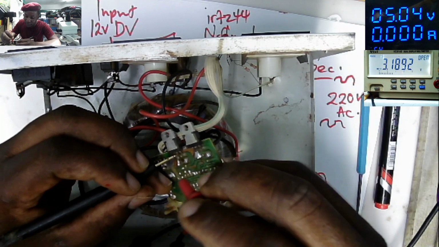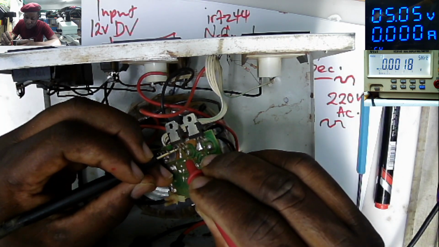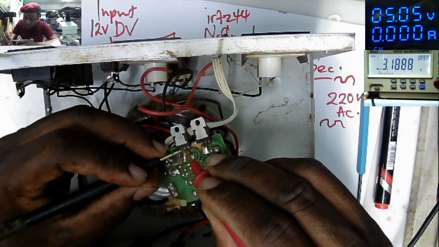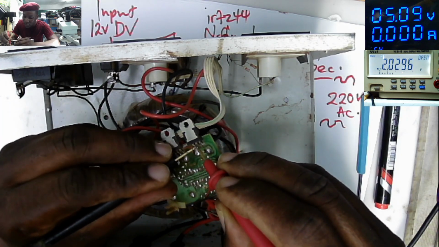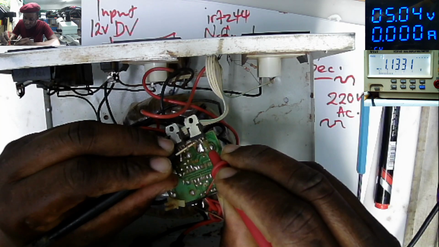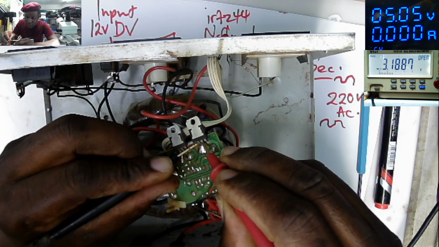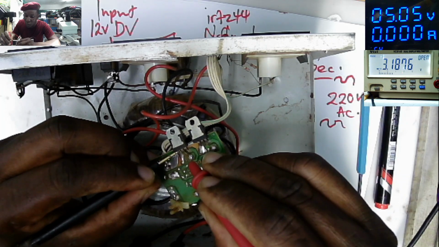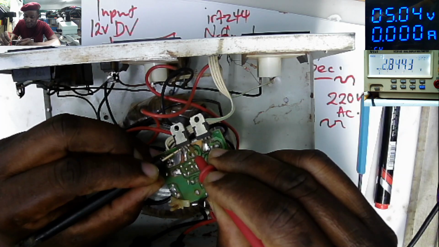The first one, gate, drain and source. The second one, gate to drain on the second one is shorted, and on the first one all pins are like 0, 0, gate, source and drain.